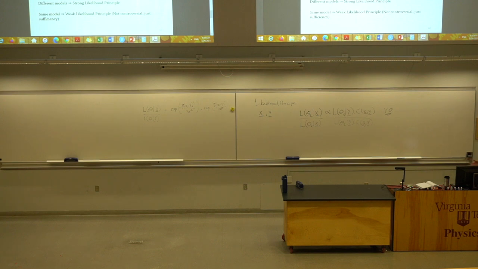These are completely proportional to a constant, but we're getting different p-values. So again, this is an argument regarding the strong likelihood principle, which is discussing two different models. If they are from the same model, then it is trivial, you're going to get the same results.